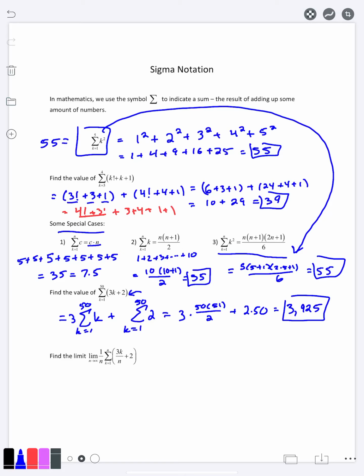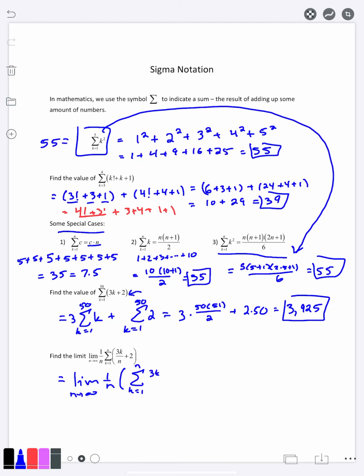And now, as I said, we actually like doing this when we have a limit here. And notice that this limit is going to be the limit as n goes to infinity of this. Now what I'm going to do is break up the summation here into two parts.